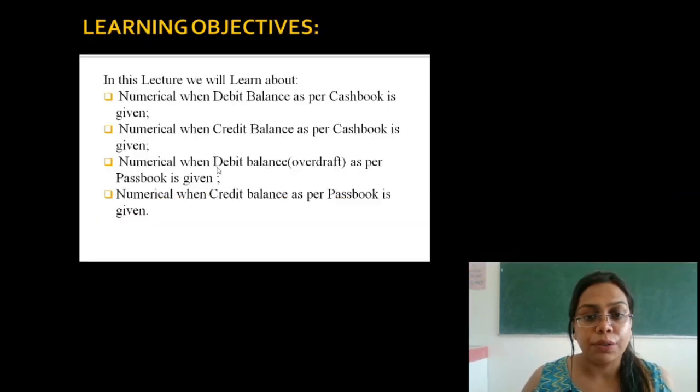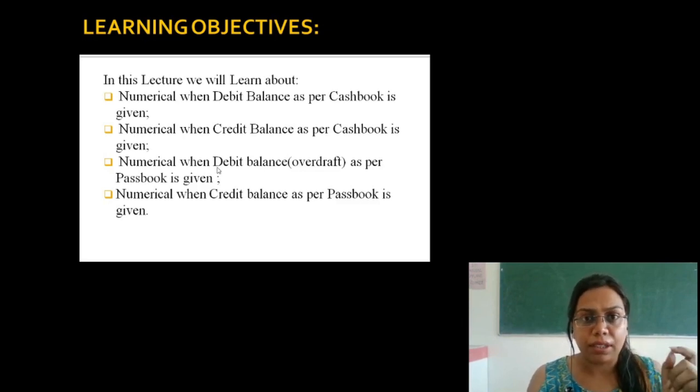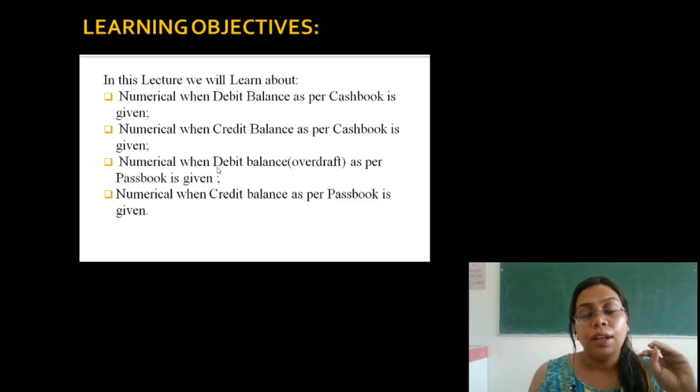So in this lecture we will study all the numericals that we will have to face in our examinations. In BRS, the kinds of numericals that may come to your exams are: numericals when debit balance as per cash book is given, numericals when credit balance as per cash book is given, numericals when debit balance as per passbook is given, and lastly numericals when credit balance as per passbook is given.